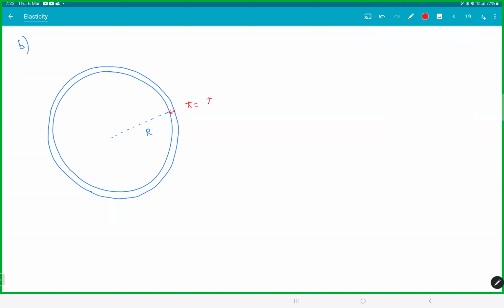T is the thickness of the shell, and r is much, much greater than T. So inside you filled it with a gas, pressure P. And let's say outside is vacuum. And B is the breaking stress. So this entire thing is a thin hollow shell with slight thickness.